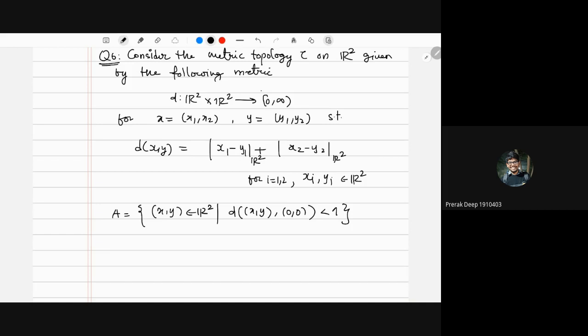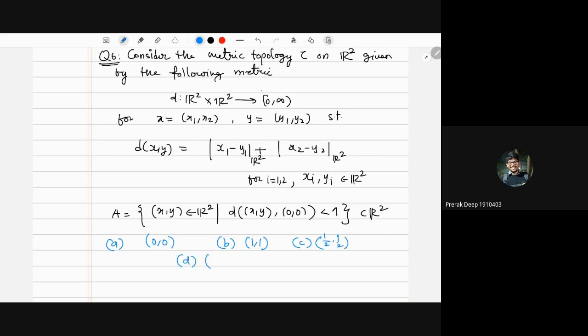right? So now this is a subset of R2. The question is, what is the closure of this set? How does the closure of this look like? So the question is, which of the following points belongs to the closure of the set? Option C is half comma half.